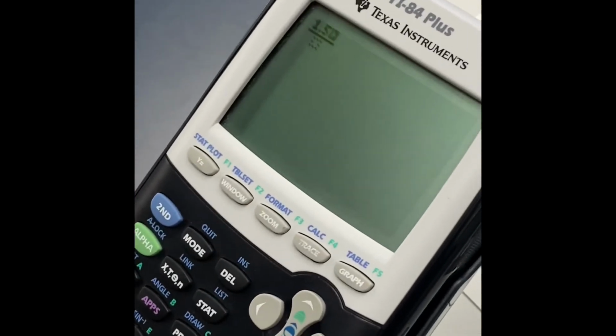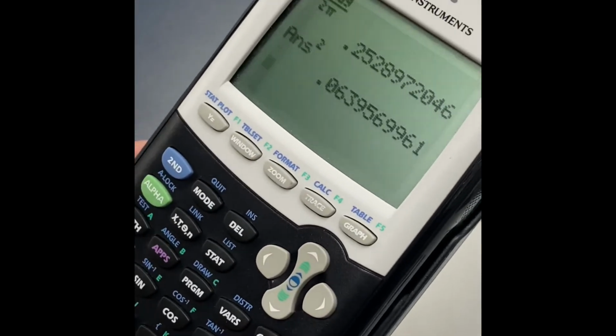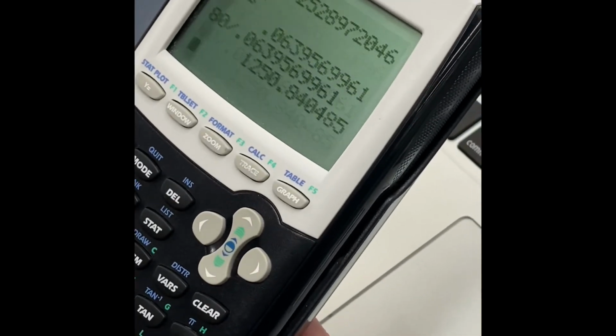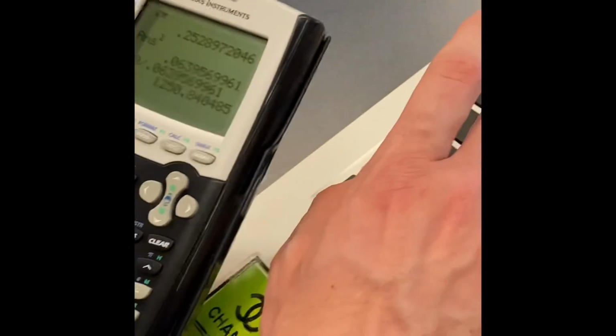So 1.589 over 2 pi, and then we want to square that, and then 80 divided by this number would give us what the acceleration due to gravity is, and this is in centimeters, so it'd be 1250.84 centimeters per second squared, and that would be our acceleration due to gravity.